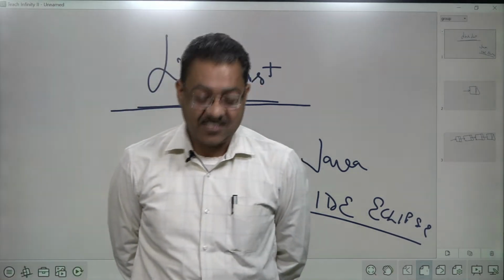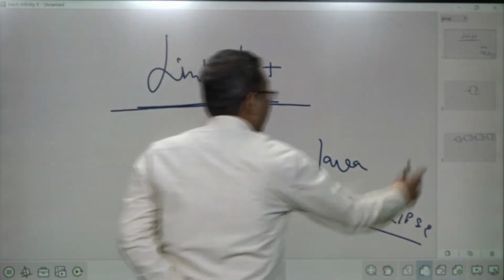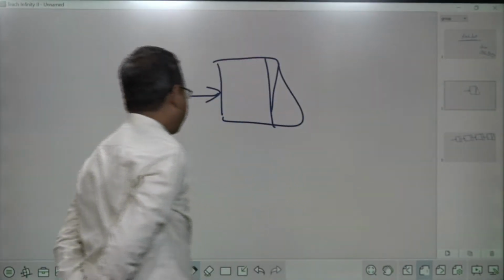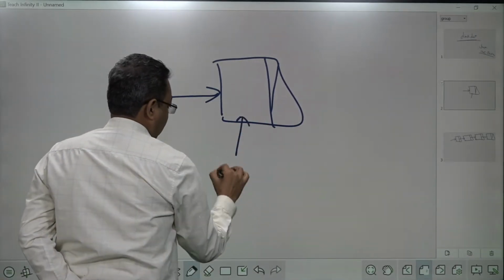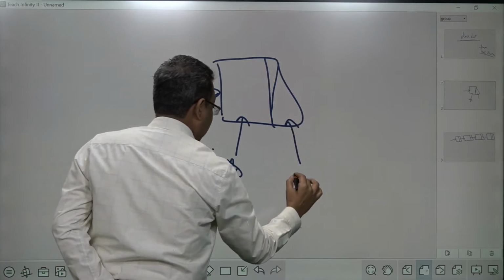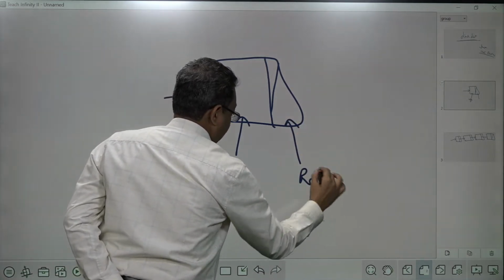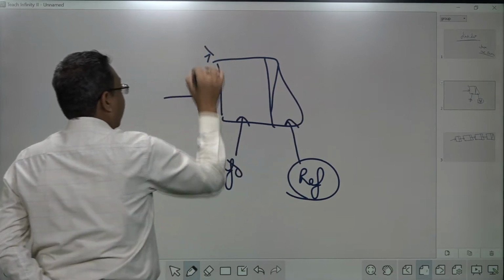A linked list is a collection of nodes. What is a node? A node is something like this, which contains two parts. One is the information part, and another is the reference to the same type of entity.